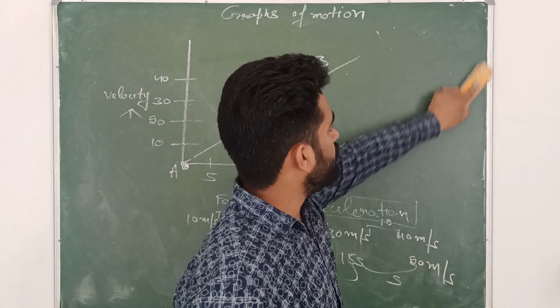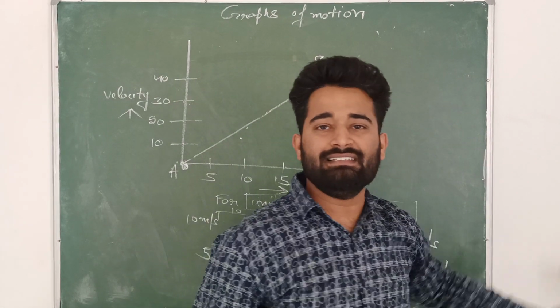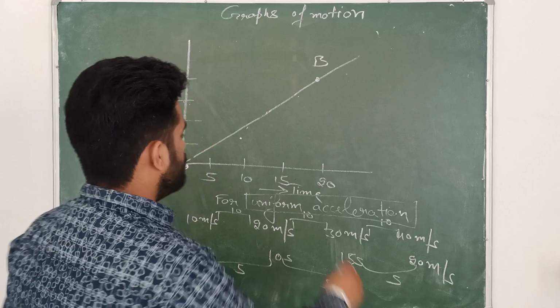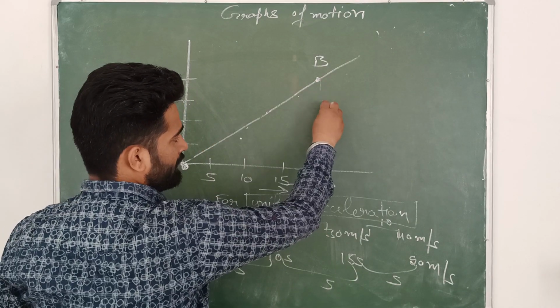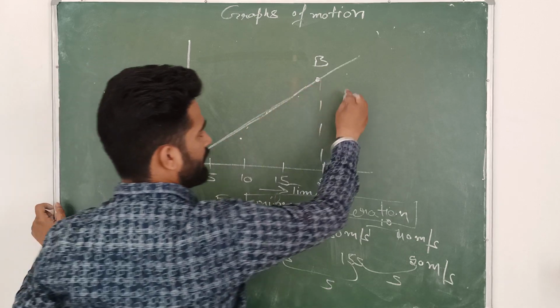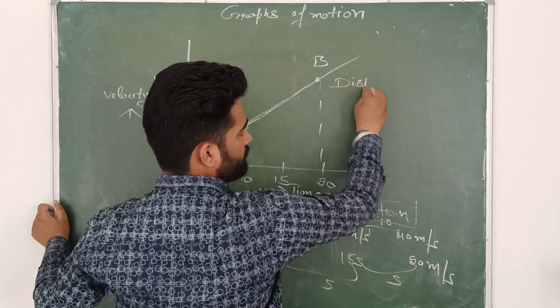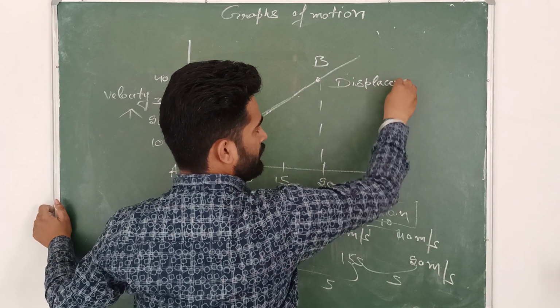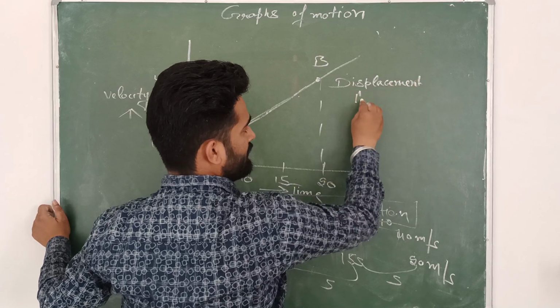One method to calculate the displacement here is the area method. Draw a perpendicular from here to here. How can you calculate the displacement from A to B?